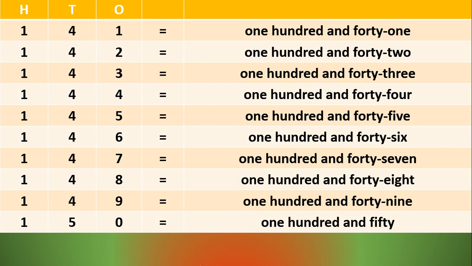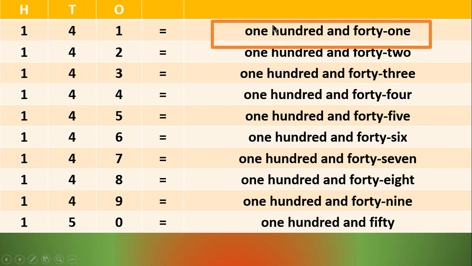Now it is time to learn spellings from 141 to 150. 141. ONE 1, HUNDRED 100, and FORTY 40, and ONE 1, 141.